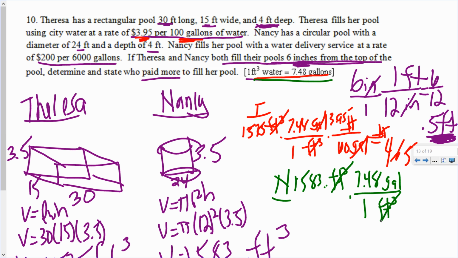Now I have gallons for Nancy. Nancy is paying $200 for 6,000 gallons. So again, gallons is going to money. It's 200 for 6,000. That gives me money. That's what I want.